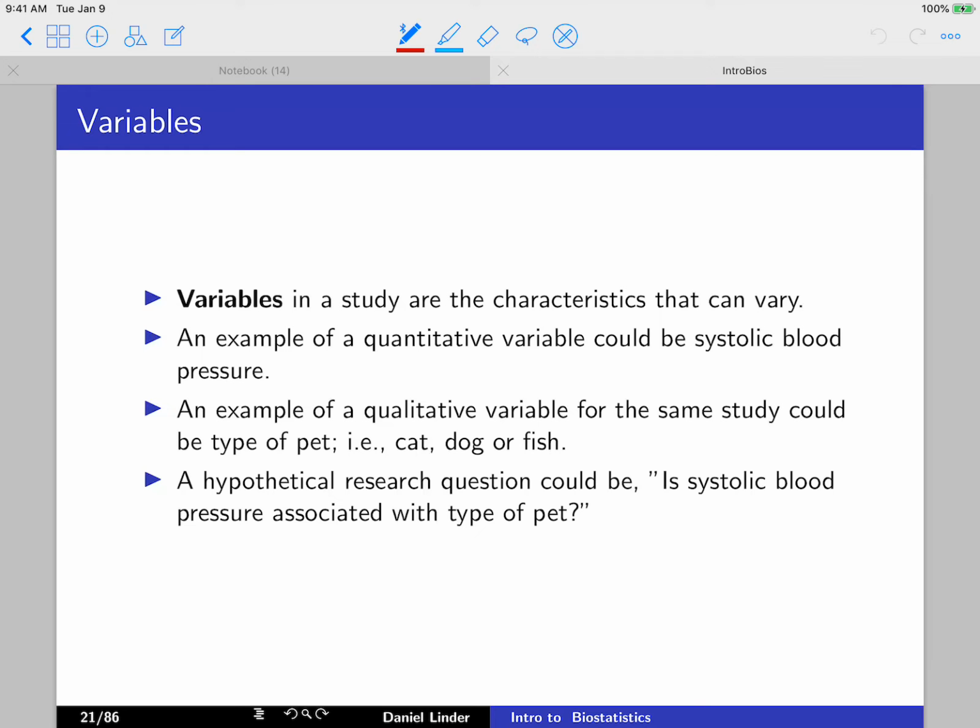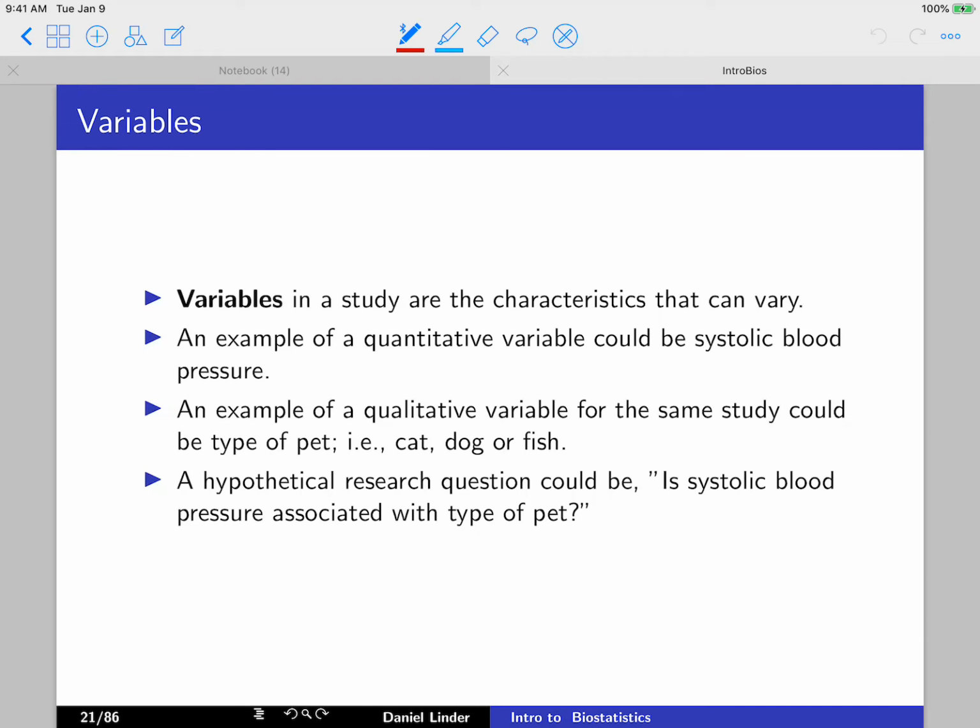So in statistics, as you'll know from the last lecture, we talked about variation. So statistics really is a study about things that can vary, and importantly, can randomly vary. So variables in a study are any characteristic that can vary. And in our running example would be this quantitative variable that we've been looking at, systolic blood pressure.